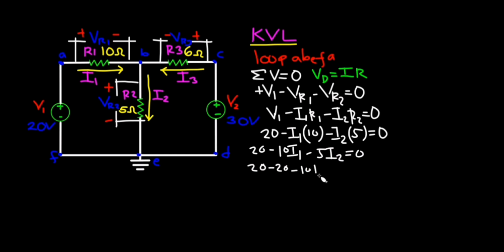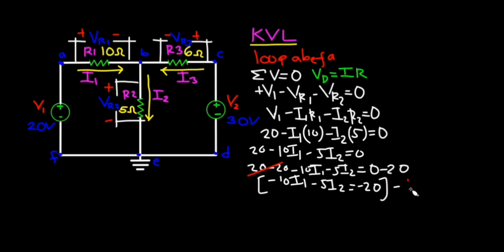Subtracting both sides with 20. 20 minus 20 will be cancelled out. Then here it will be negative 20. Multiplying the equation with negative 1 over 5, to simplify the equation. So, 2I1 plus I2 equals 4. This will be our equation 1.